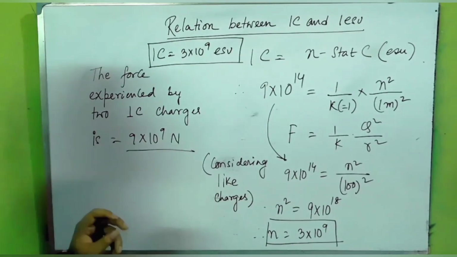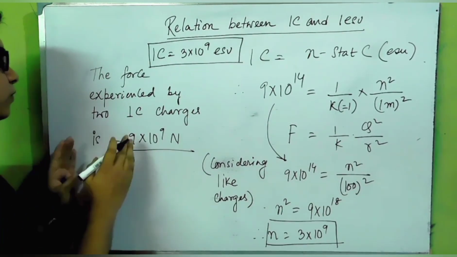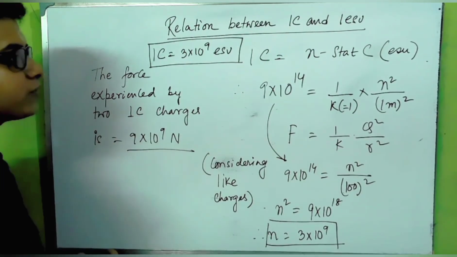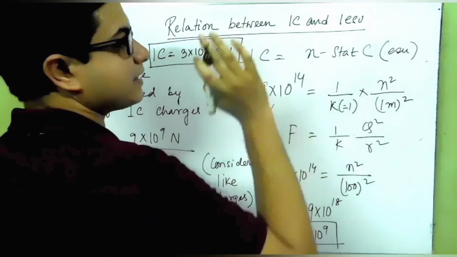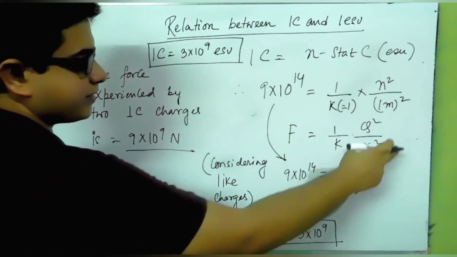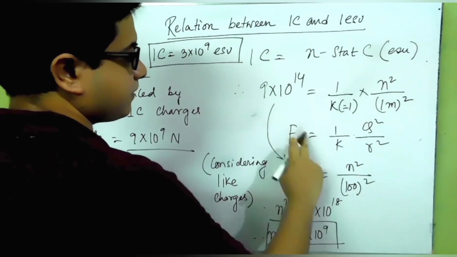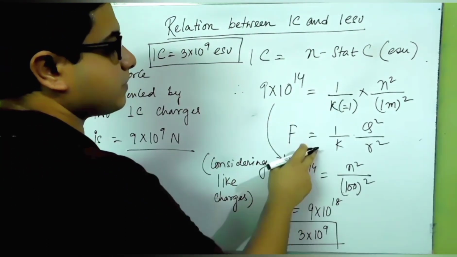Okay, so what we have done here: the force experienced by 1 Coulomb charge is 9 times 10 to the power 9 Newton, and we have assumed that 1 Coulomb is equivalent to n stat Coulomb, that is ESU, and we are using the CGS metric system format of Coulomb's law, that is F is equal to 1 by K times Q square by R square, F being the electrostatic force acting between those 2 point charge particles.